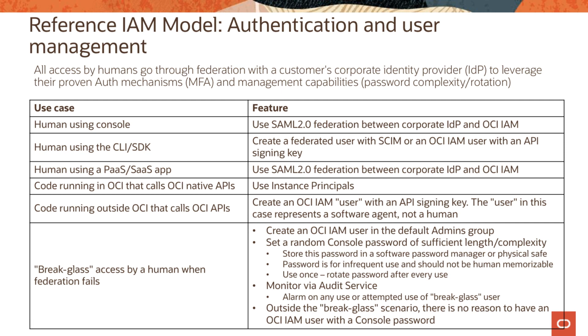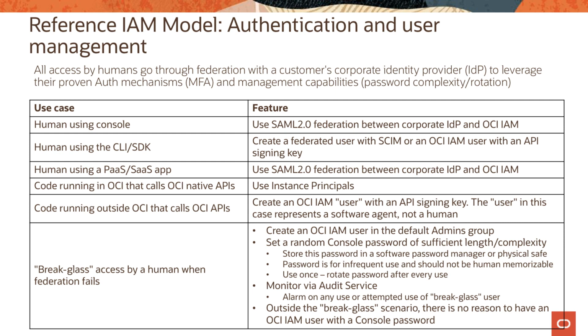But you should not configure your credentials and save them locally on your instances, because it's not secure to do it that way, and credential rotations and doing the audit calls on these credentials and tracking them becomes very difficult. So use instance principals.